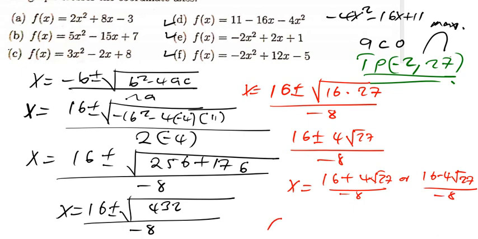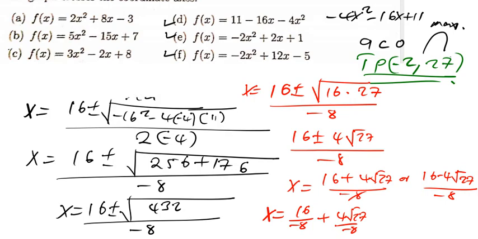Then x will be equal to 16. So I will divide here by 4. So I'm going to say 2 there. This is the same as x is equal to 16 divided by negative 8, then plus 4 root 27 divided by negative 8. So I can get rid of this.